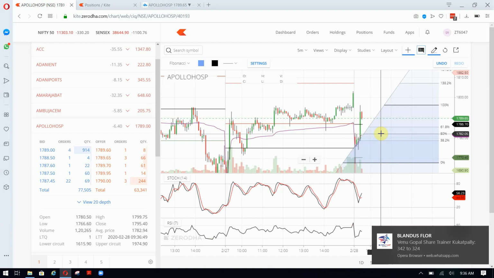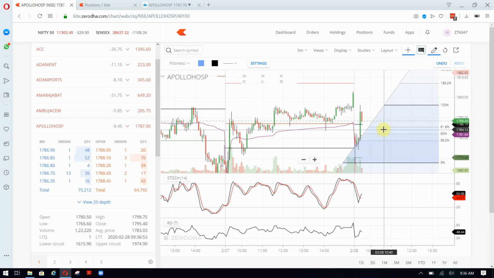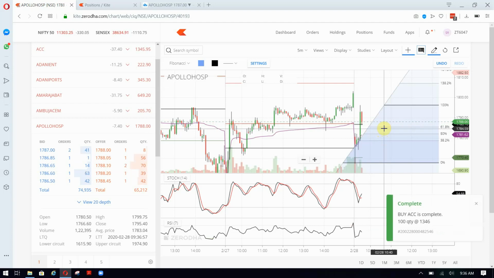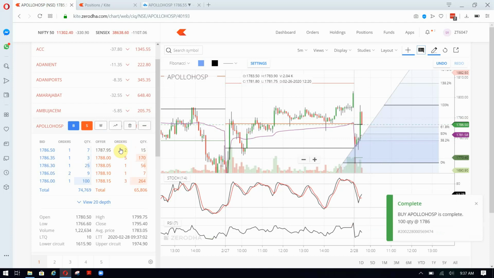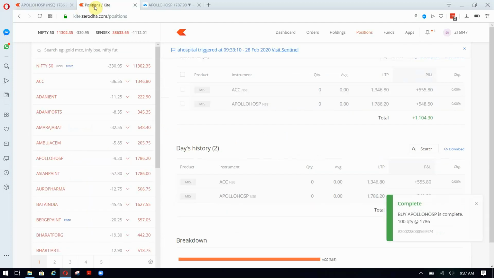So it might test up to this 1782, but on the safer side, I would like to take my profit and exit, because I do scalp only, right? I don't wait for the big fish. See, it is going towards it and it is completed.